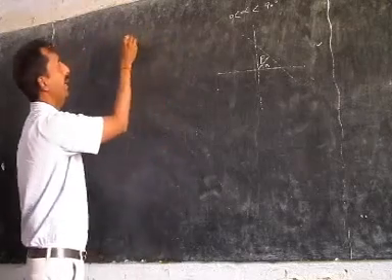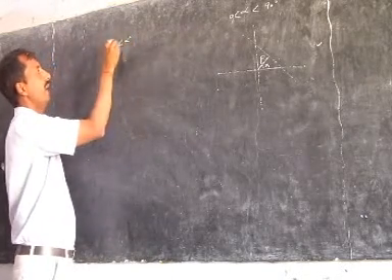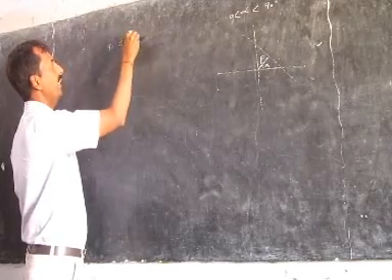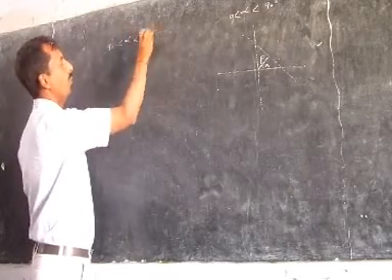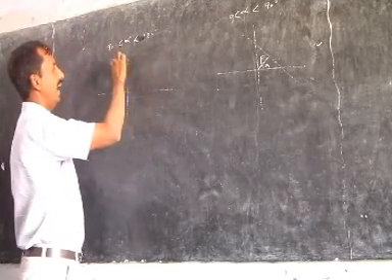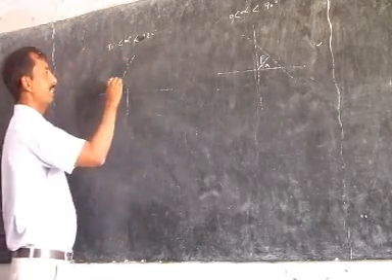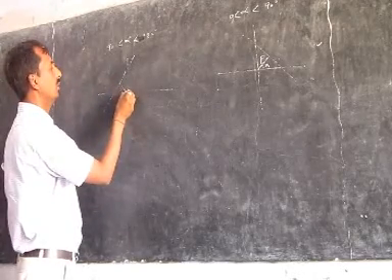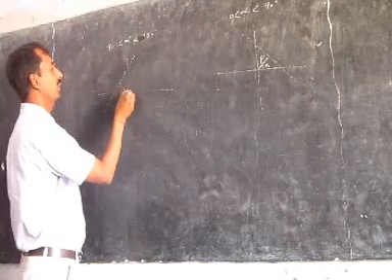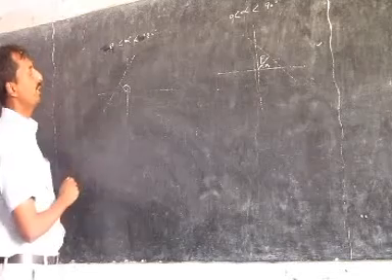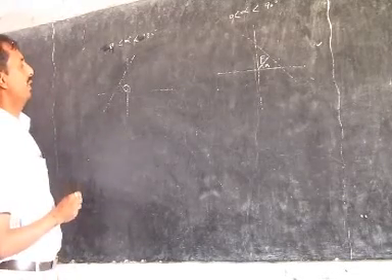If alpha is greater than 90 degrees and less than 180 degrees, then the graph of the straight line will be like this.